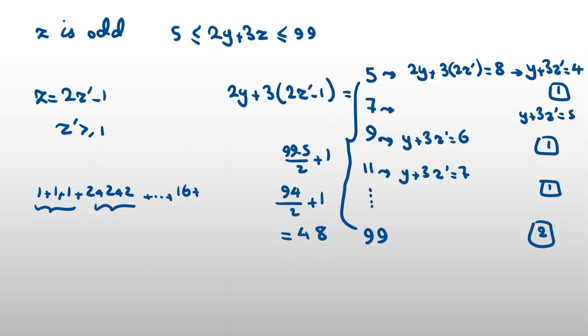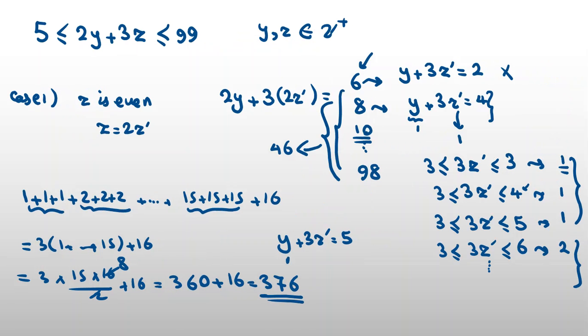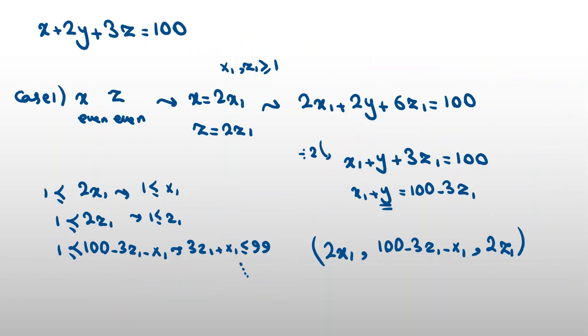The last one is 16, 16, 16. So we have 3 times 1 plus 2 up to 16. So it will be 3 times 16 times 17 all over 2. It will be 2, 8. 3 times 17, 51 times 8, which will be 408. And this. Okay, if you calculate, we have 376 plus this.